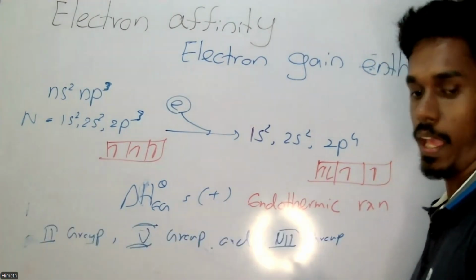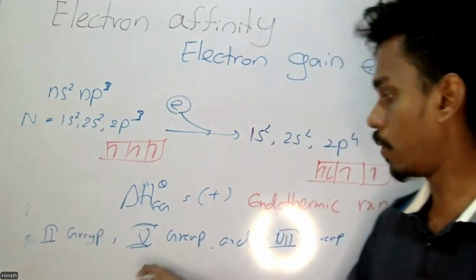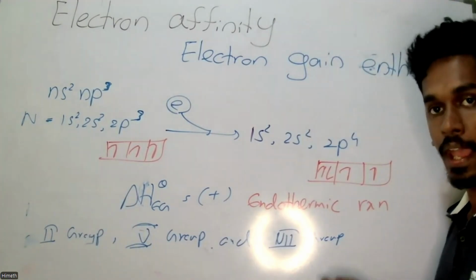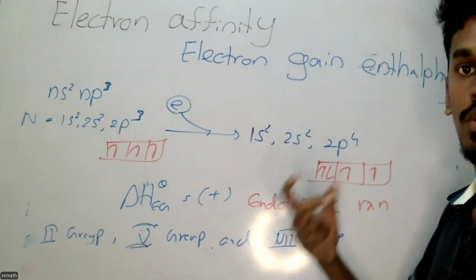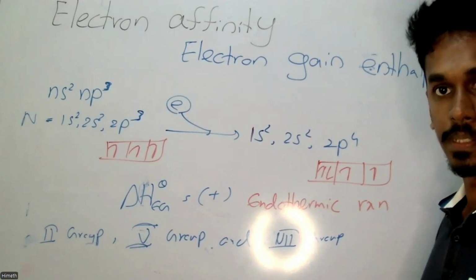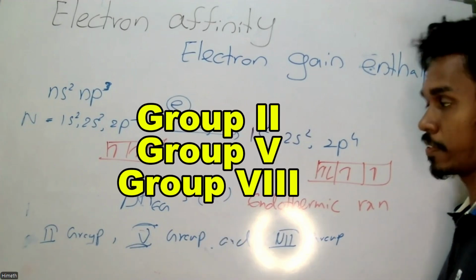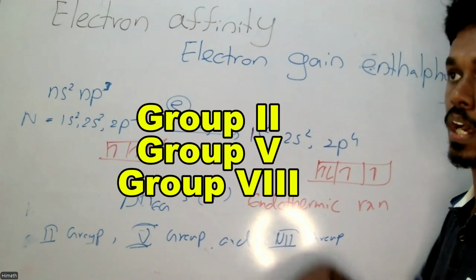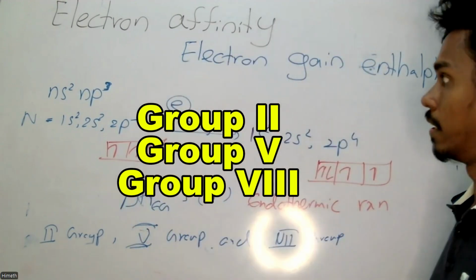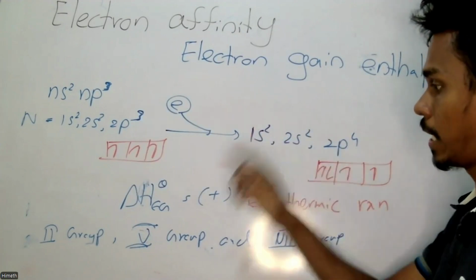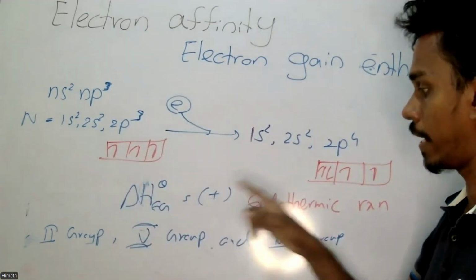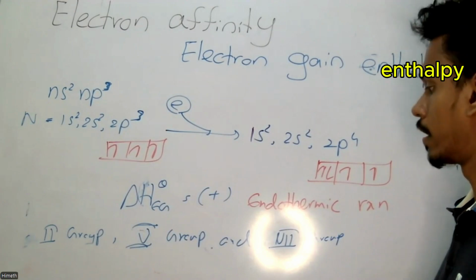Okay. Elements of groups 2, 5 and 8 have positive values of electron gain enthalpy. Compared to the other groups, the electron gain enthalpies of these groups are a little bit higher.